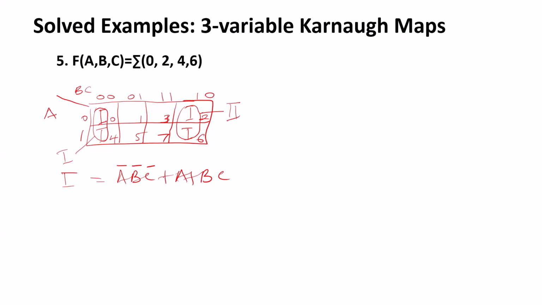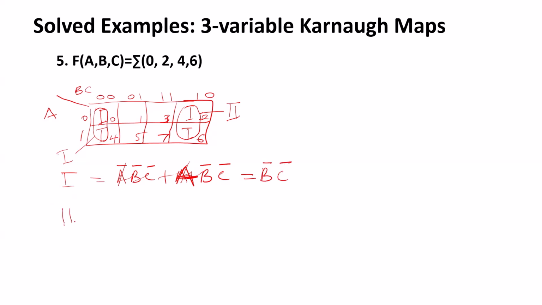So we have A bar, B bar, C bar. Then here also we have A, B, C. A is 1, B is 0, we have B bar, then C 0, we have C bar, and because of A bar we cancel A, and this gives us B bar, C bar.